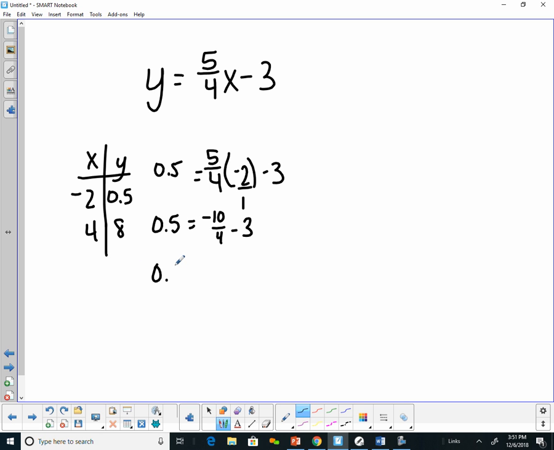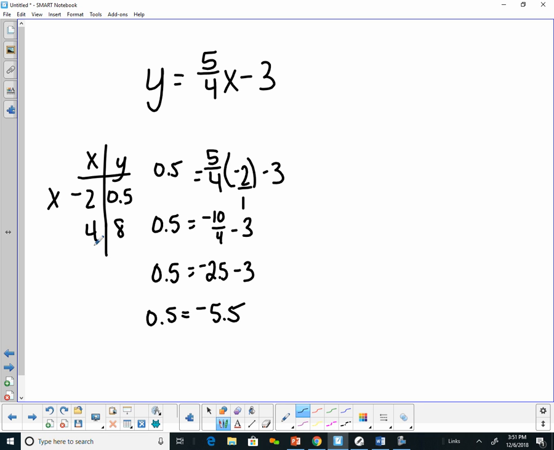And so that's going to be -2.5 minus 3. That looks like plus. So that's 0.5 is equal to -5.5. That is not a solution. So therefore I can stop. I do not have to go and work the 4 to see if that would work as well.